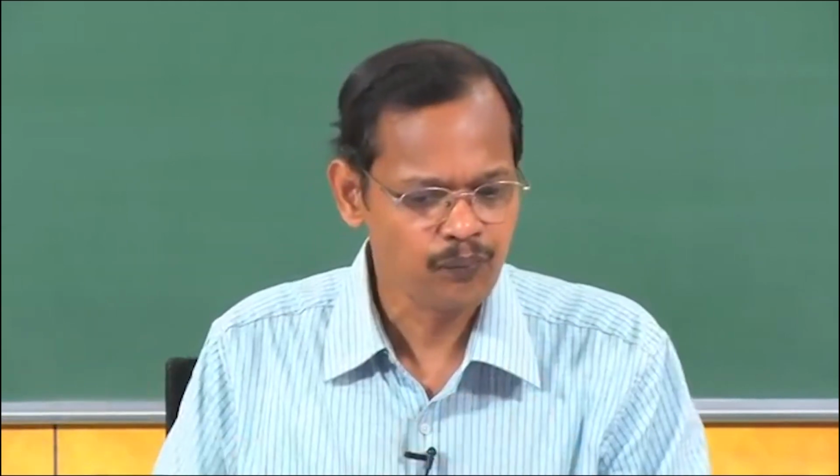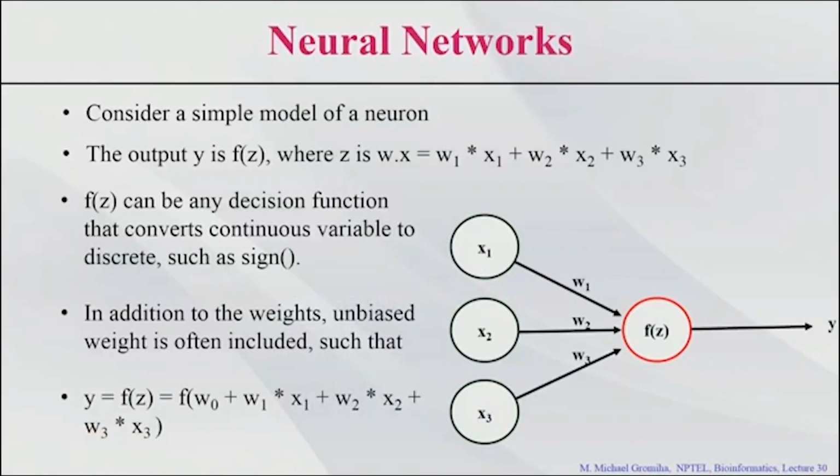Likewise, you can use this type of information in different classification problems. For example, take a simple model of a neuron, like regression in 1D. The output is f of z, which is connected to different inputs, for example x1, x2, x3, assigned with different weights, w1, w2 and w3.